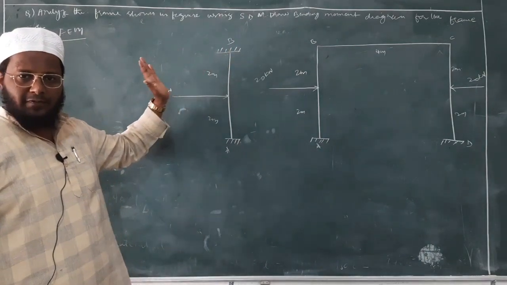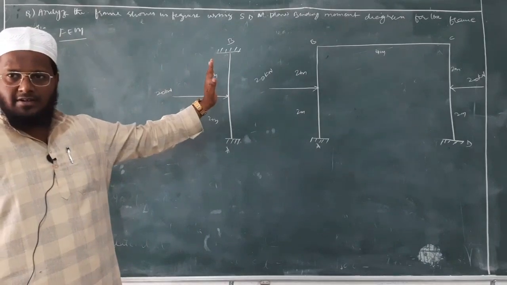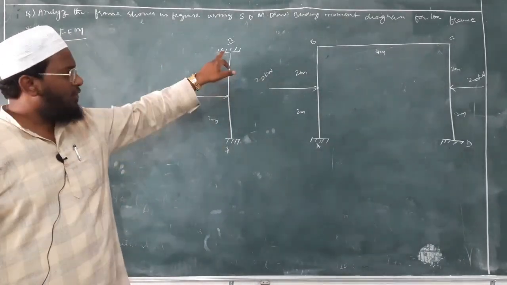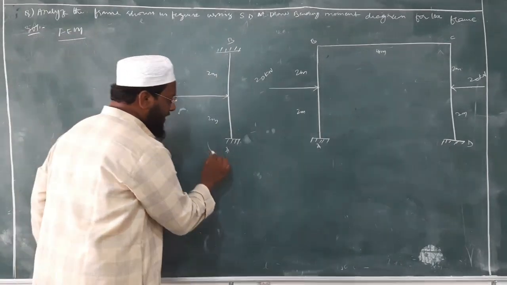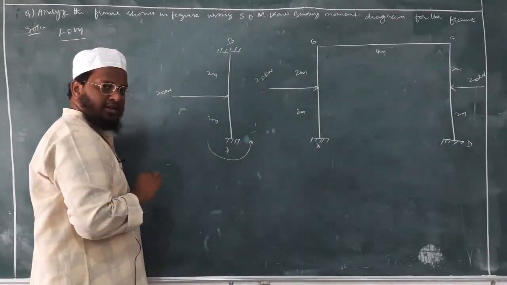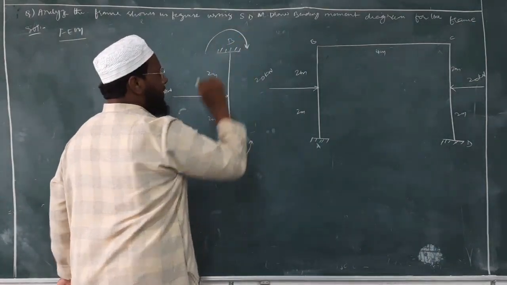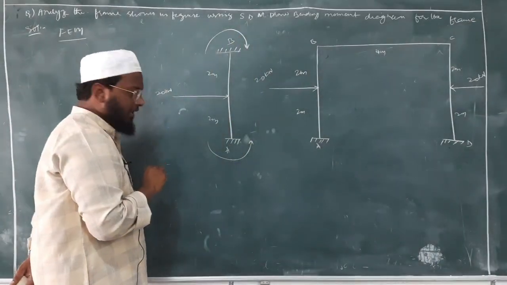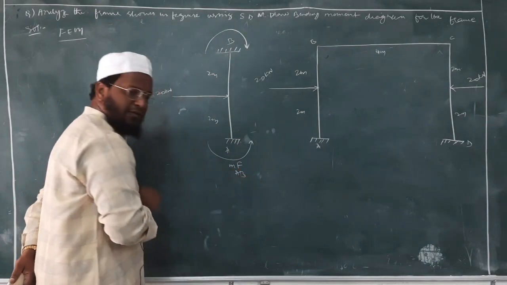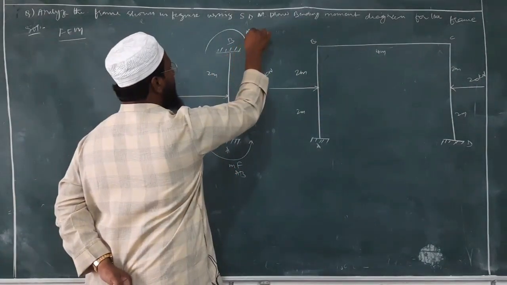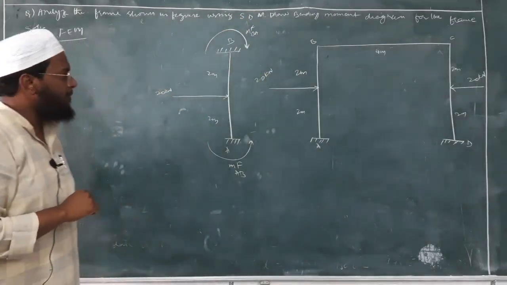It will try to get deflected in right direction, isn't it? To overcome that, these supports will create moments. How the moment will act? The moment will act in anti-clockwise direction at A and clockwise direction at B. So this will be my MFAB and this one will be MFBA, isn't it?